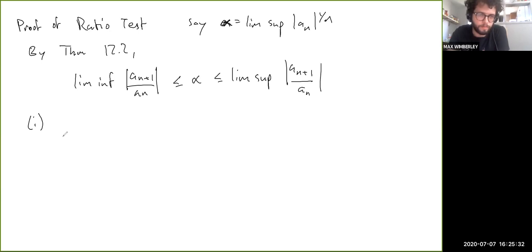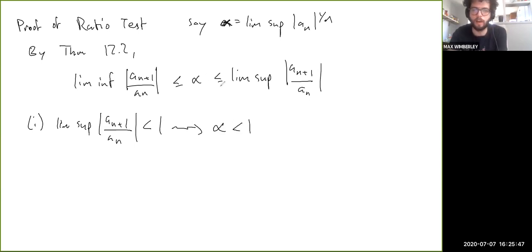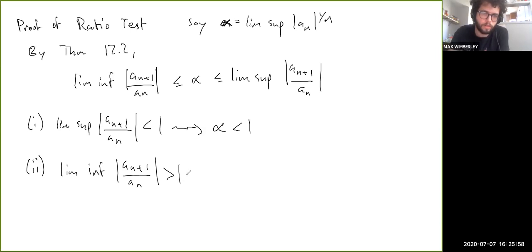In case 1, the condition that the lim sup of a_(n+1) over a_n is less than 1 forces alpha to be less than 1, because alpha is bounded above by the lim sup. In case 2, if the lim inf is greater than 1, that forces alpha to be greater than 1, because alpha has to be at least as big as the lim inf.